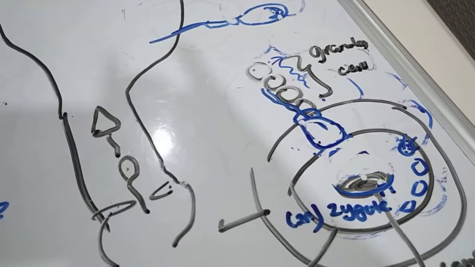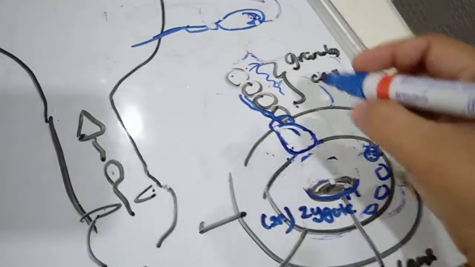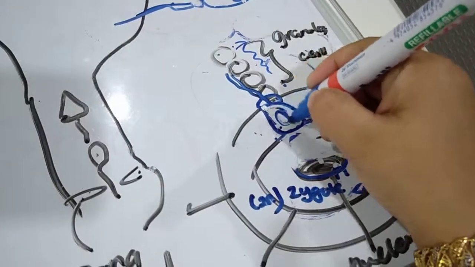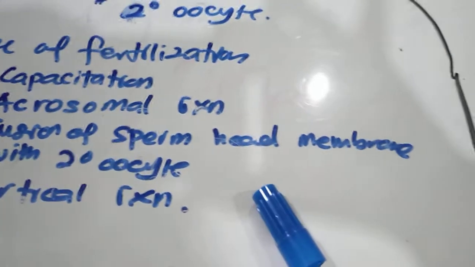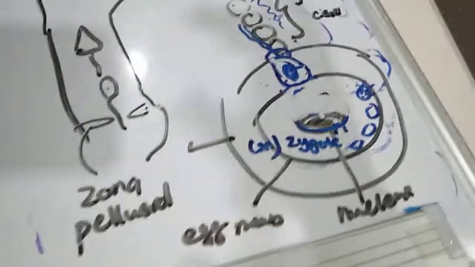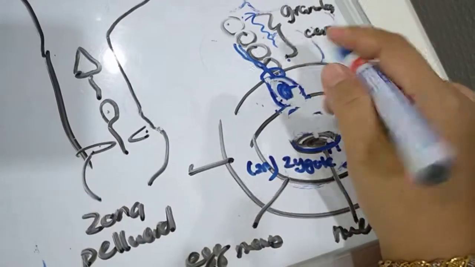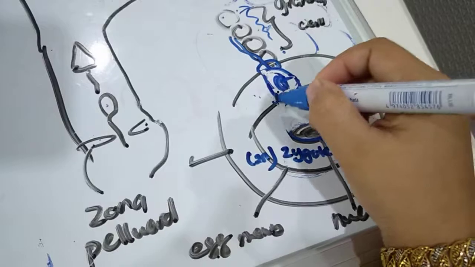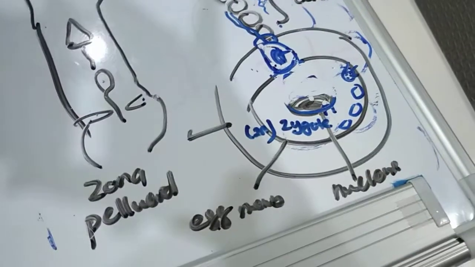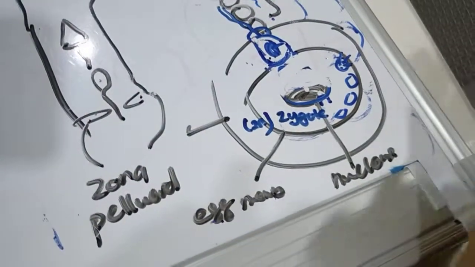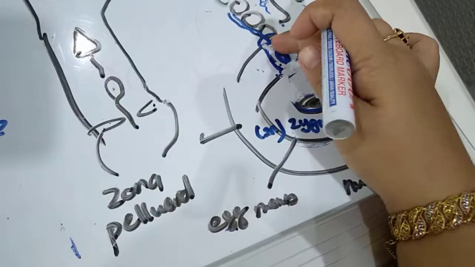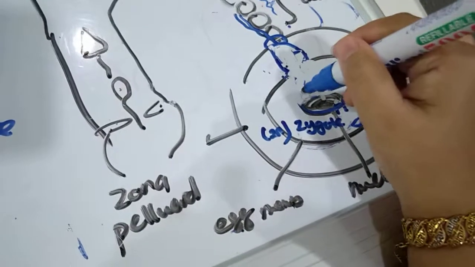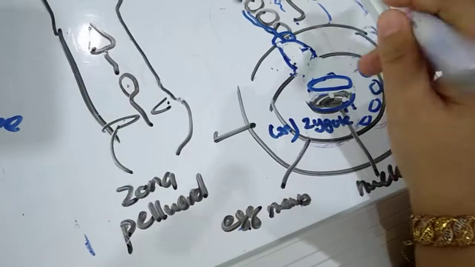Okay, when the sperm has already penetrated zona pellucida, the third stage is fusion of sperm head membrane with secondary oocyte. The tip of the sperm head, which is the acrosome structure, when it touches the egg membrane, it will trigger the release of the nucleus from the sperm head.